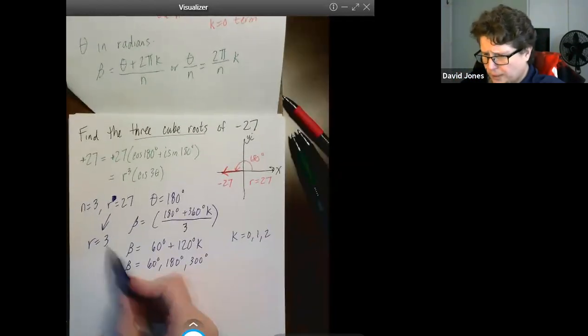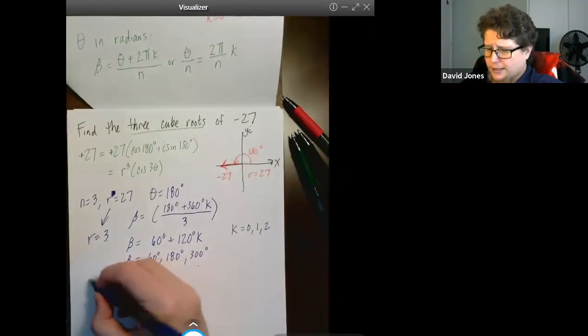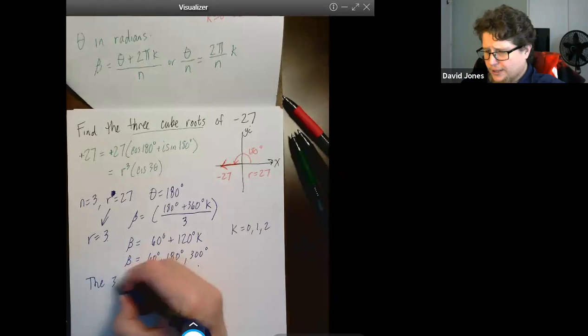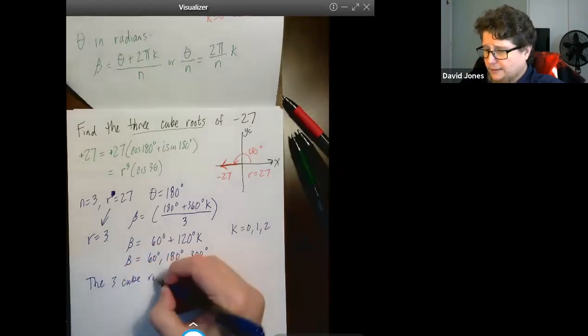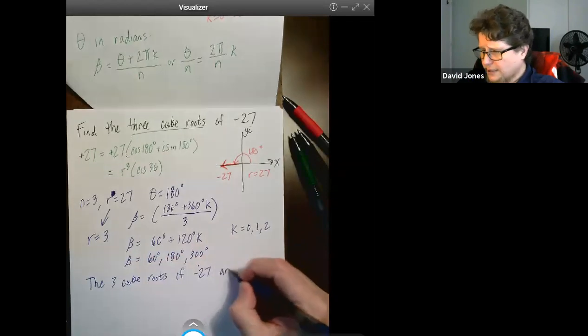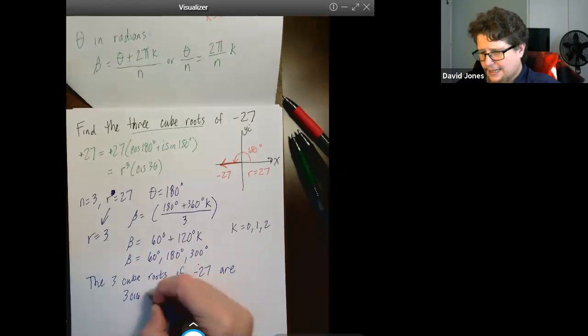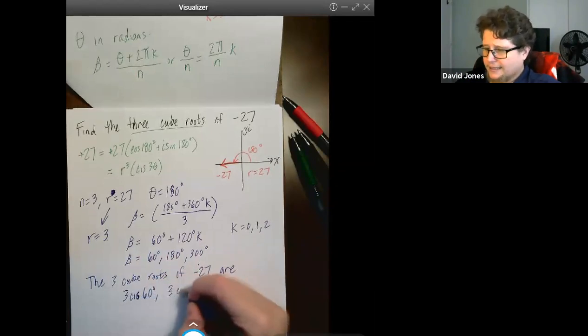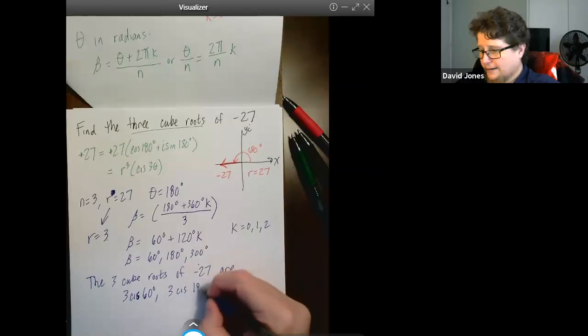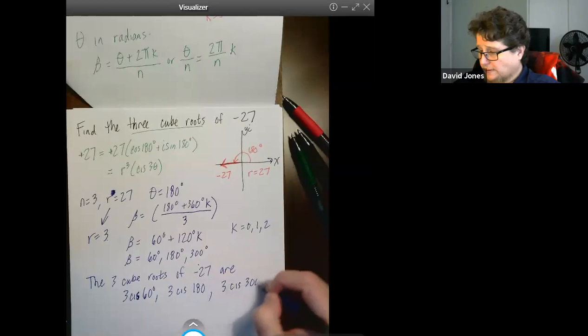So I've got these angles, my 3 cube roots. The 3 cube roots of negative 27 are 3 cis 60, 3 cis 180, and 3 cis 300.